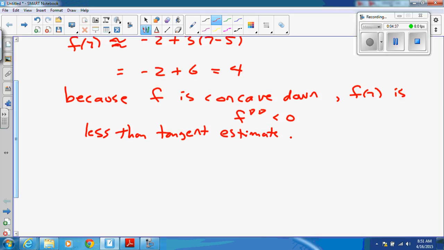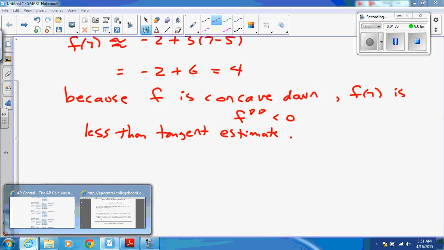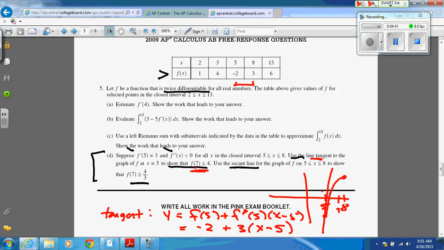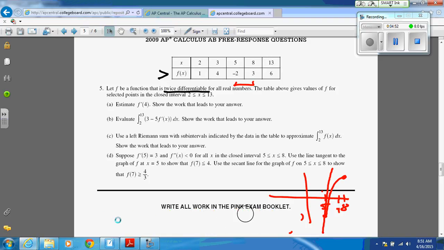Now the second part asks us to use the secant line to show that f of 7 is greater than or equal to 4/3. Okay. Again, I don't fully know how this is going to work out, but I can construct the secant line. And to do that, I need slope and point.